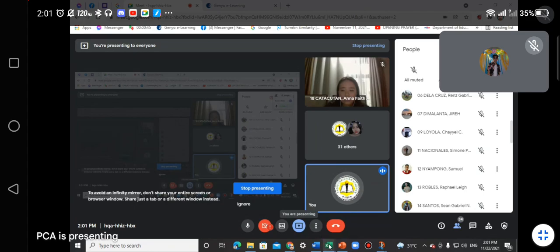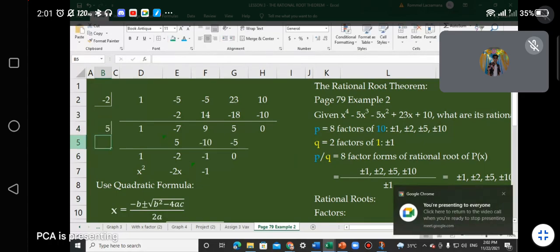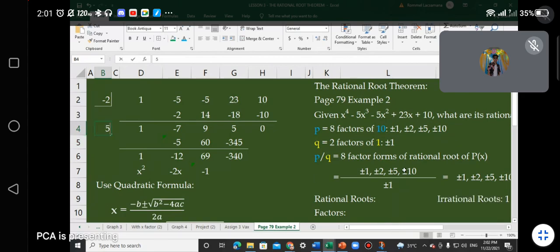Okay, let's go. So it reduces. So 5 really qualifies. Negative 5, of course, is giving you a remainder. It's 5. And then what happened now? You notice also that P and Q here are reduced, 5 and 1.